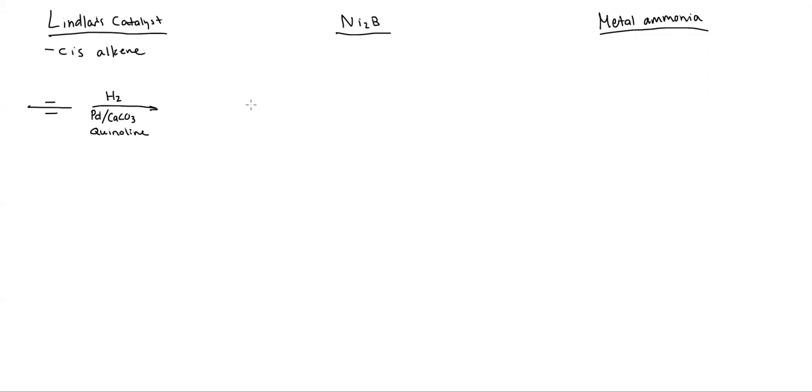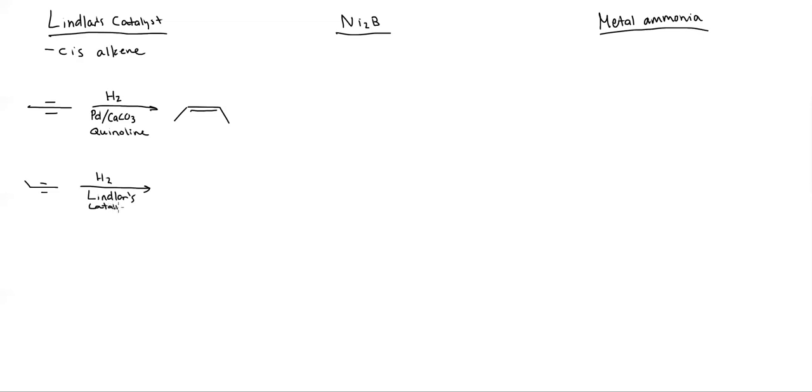Well, it gives us a cis alkene. So I take this, turn it into an alkene, and it's cis. I only get this one. I do not get the trans product. So this is one way that we can do it. Another way that this can be written, let's use this alkyne, is sometimes just written as H2 over Lindlar's catalyst.